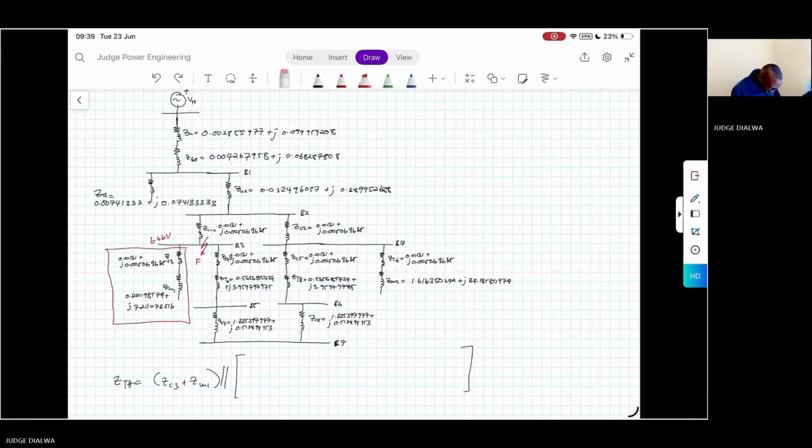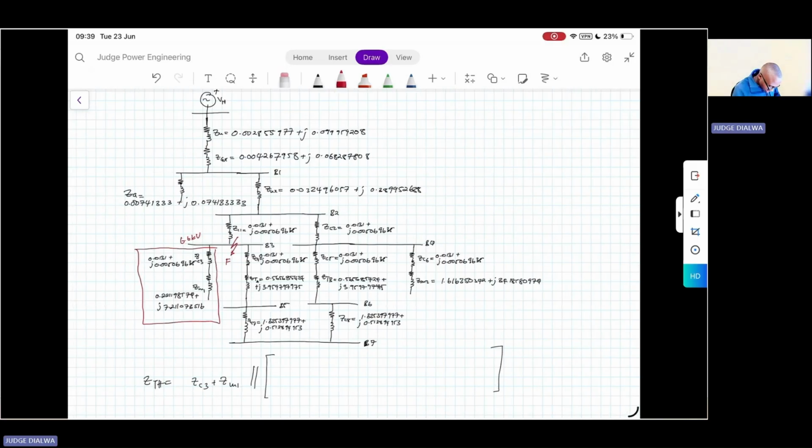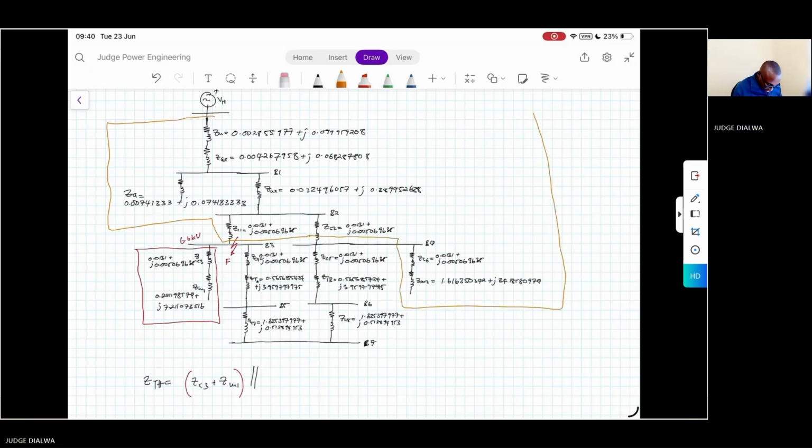I'll try to make it easy to see. And what is the rest of the network? This is the rest of the network, everything from here. Again, we will not consider the branch with the transformer because it is also unloaded. So this will be the rest of the network, and it is in parallel with the series combination.